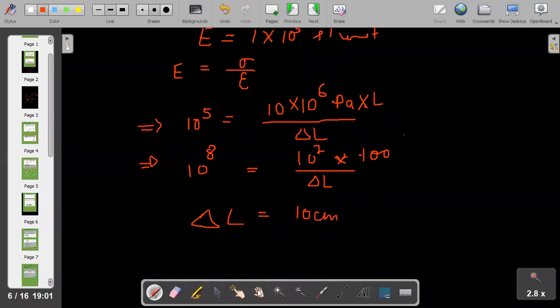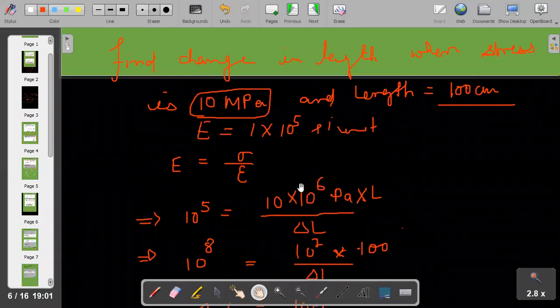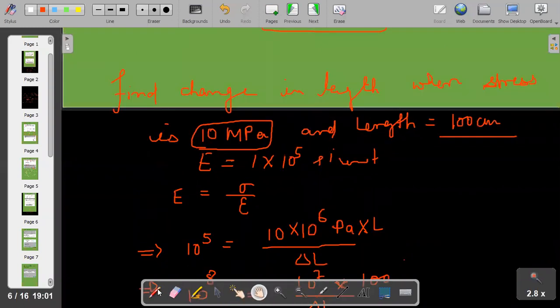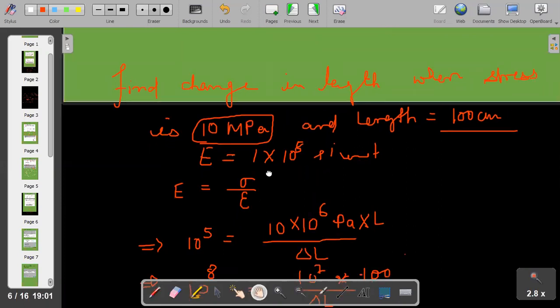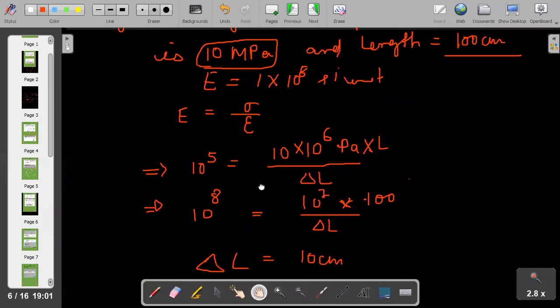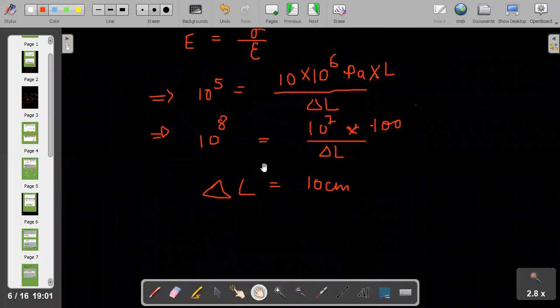Yes sir, that is somewhat acceptable. Generally the value of E is 10 to the power 9, 10 to the power 10 like that.